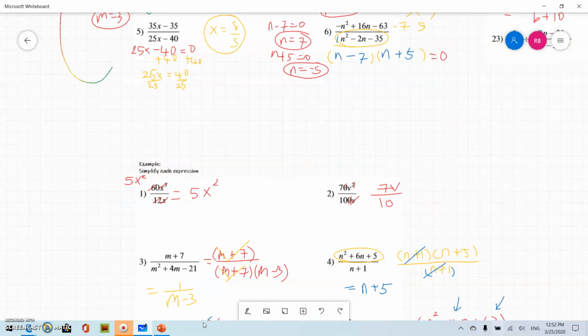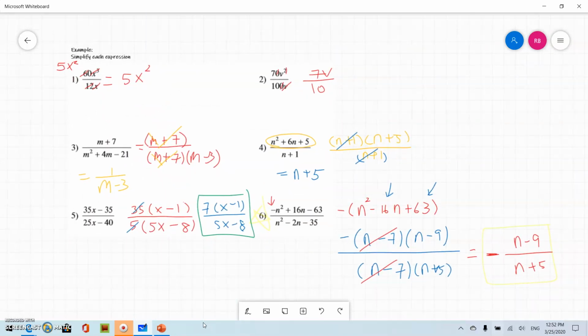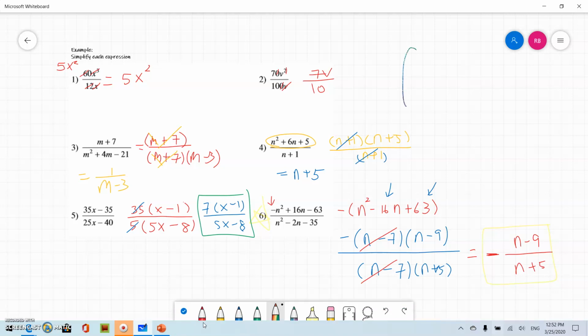And then the second thing was simplifying. We can simplify the numbers together, and we can factor using factoring techniques. We can get rid of the expressions themselves. And I cannot overemphasize how important factoring is, because without factoring, you can't cancel things out.